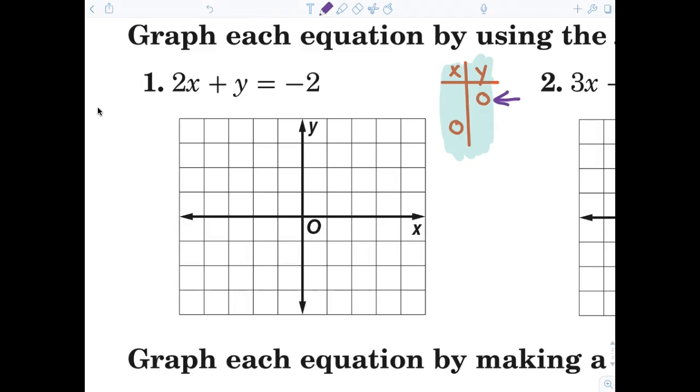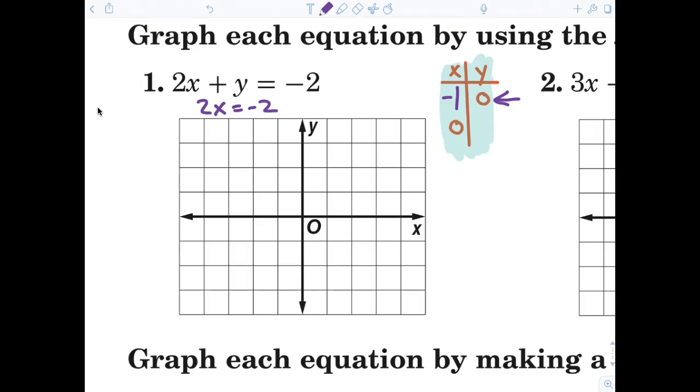So, to find the x-intercept, I'm going to let the y value be 0. If I let the y value be 0, 2x equals -2. So x is what? You're supposed to look and figure it out.